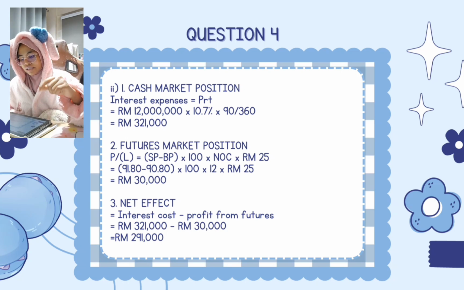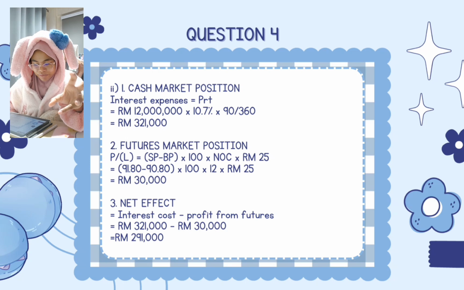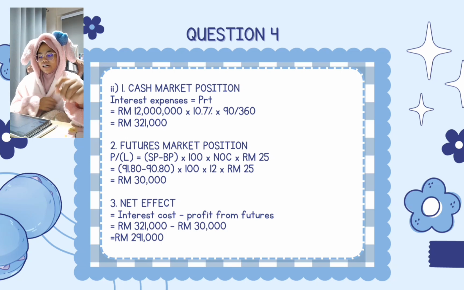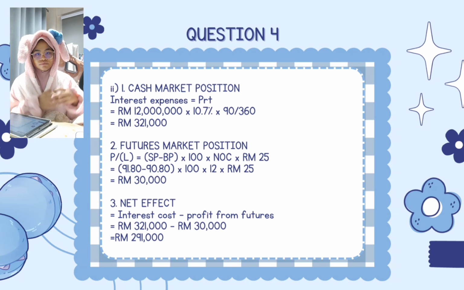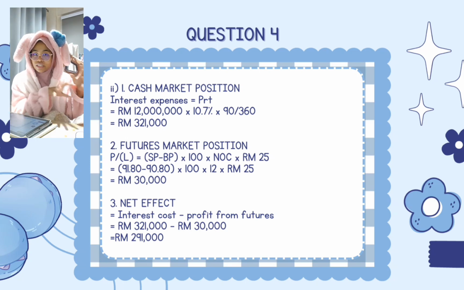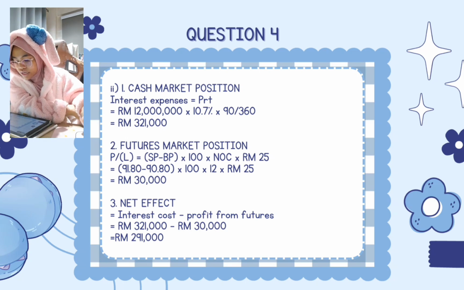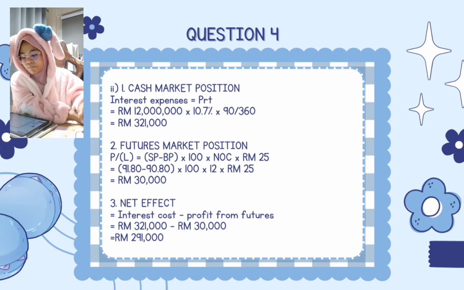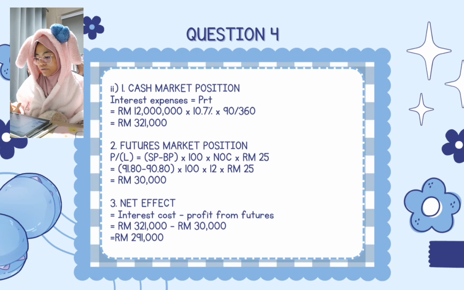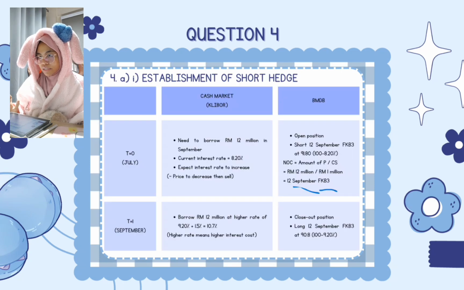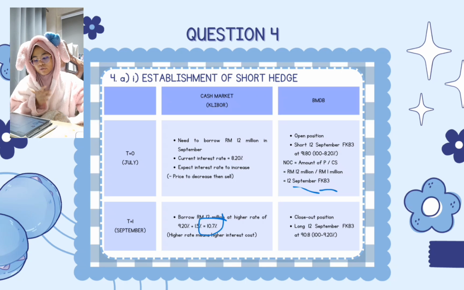Firstly, calculate the cash market position, where I equals PRT. This is the interest expense, so make sure it is a cash outflow. The principal is 12 million ringgit, and the rate, again, is 10.7%, the one we added with the bank's rate.